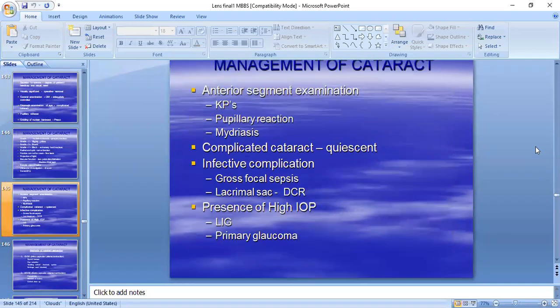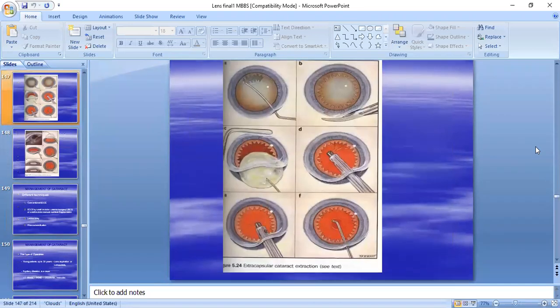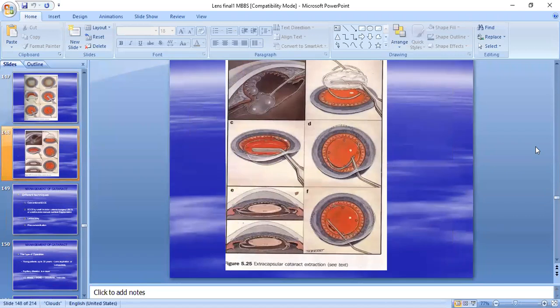I think tomorrow we are going to talk about congenital and developmental cataracts, and also the congenital anomalies of the lens.